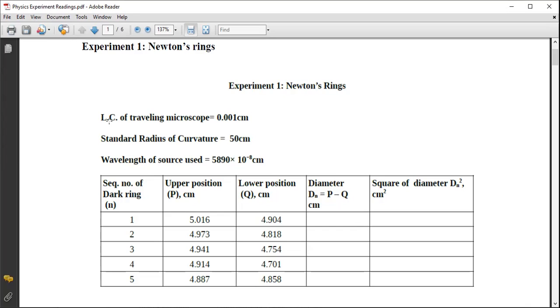Least count is equal to the smallest division on the main scale divided by the total number of divisions on the vernier scale. Sir, can you repeat that directly? Okay, here the least count has been given directly, so the first two columns will remain blank, and you can directly write the least count. Okay, sir.